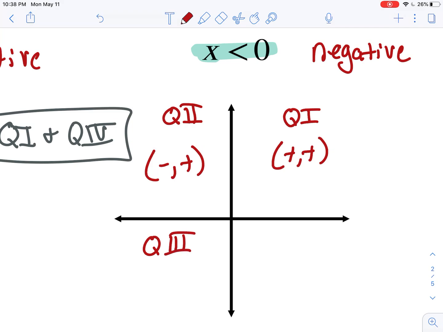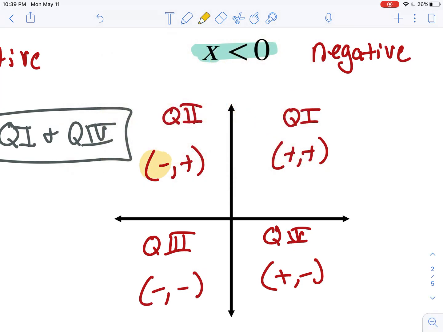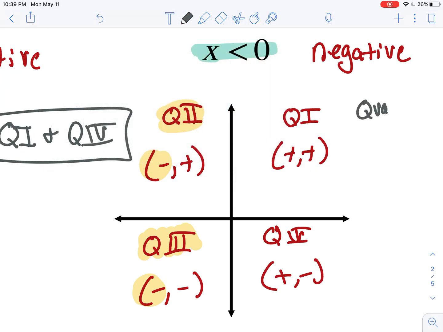Quadrant 3, negative, negative. And quadrant 4 would be positive, negative. And we want x less than 0, so where is x negative? X is negative in quadrant 2 and in quadrant 3. So my answer to this question would be quadrant 2 and 3.